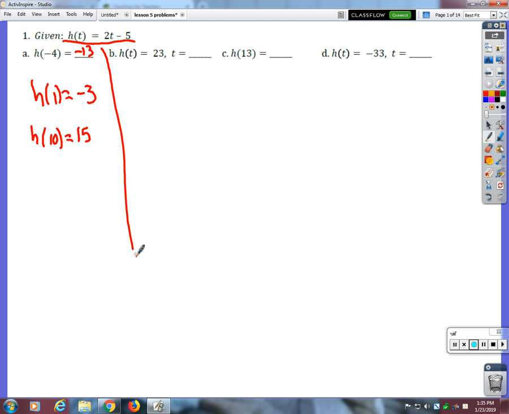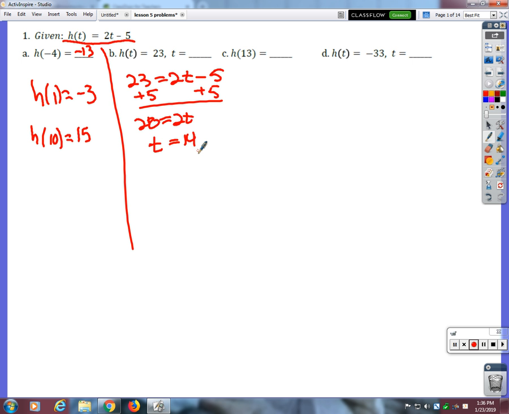So this one says if h of t equals 23, so now I'm going to say 23 equals 2t minus 5. So then you add 5. So 28 equals 2t, so t equals 14.